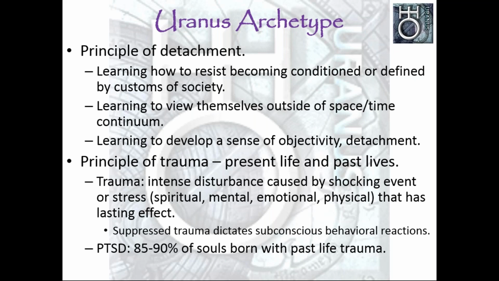And as a matter of fact, from the perspective of evolutionary astrology, 85 to 90% of souls are born with past life trauma, or what we will call PTSD, post-traumatic stress disorder. And many of us will run around with that from a past life, and we don't even recognize what's triggering us.